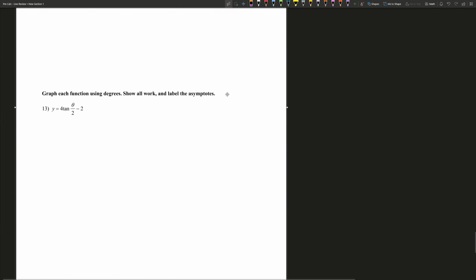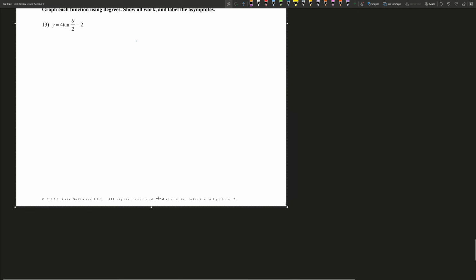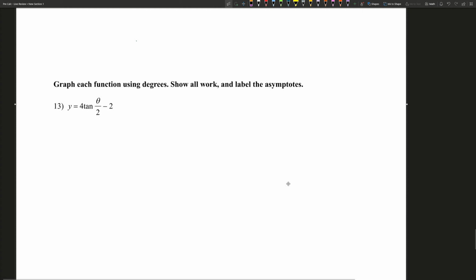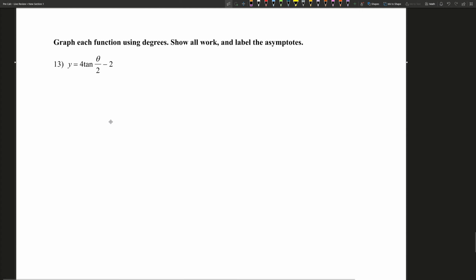For number 13, we're dealing with tangent. So we have to find two asymptotes. And those asymptotes happen at pi over 2 and 3 pi over 2. But first, we can find our vertical shift, which in this case is -2.